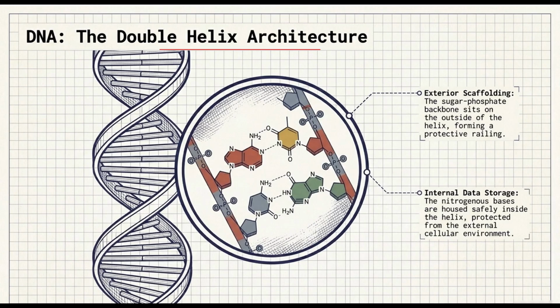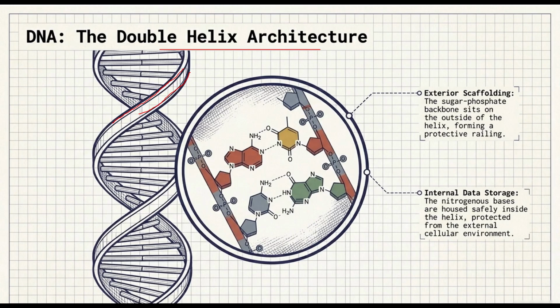So as you can see, the outside layers of the double helix model are made up of sugar phosphate bonds, right? The sugar and phosphate bonds we can see here. And the inside stacks are the nitrogenous bases, right? The adenine, guanine, thymine, all these things.